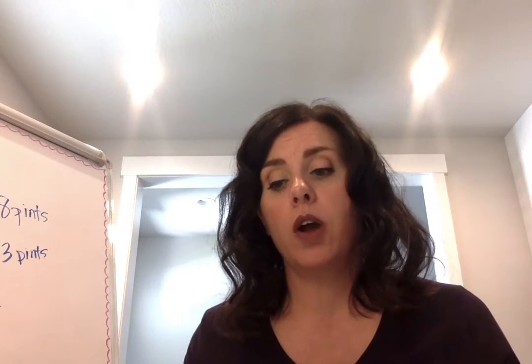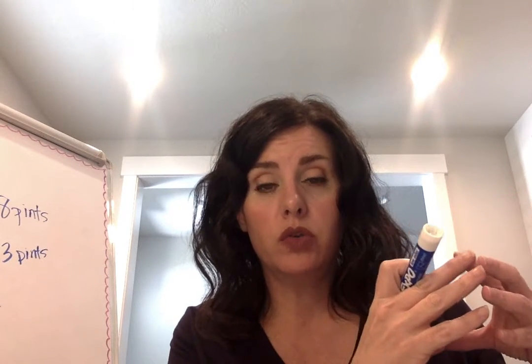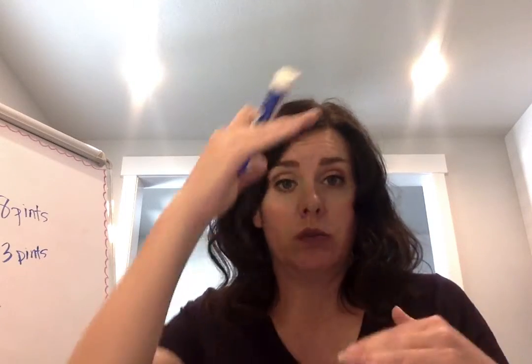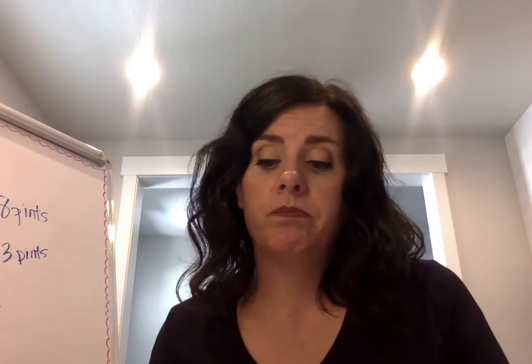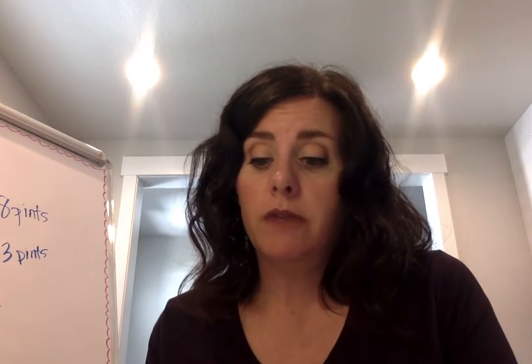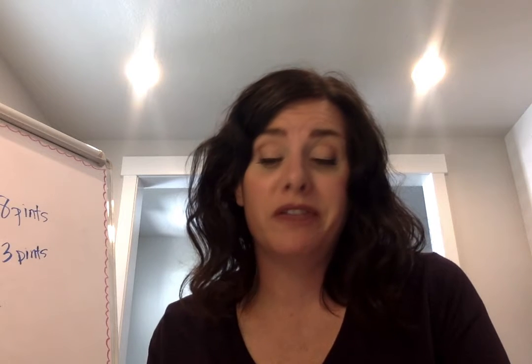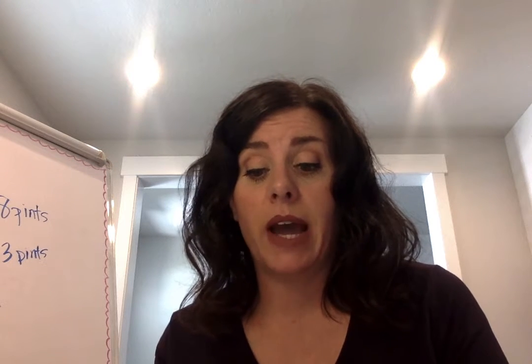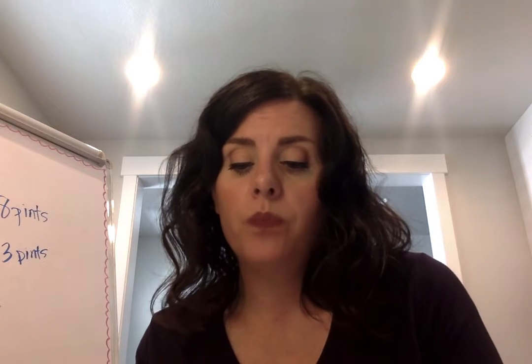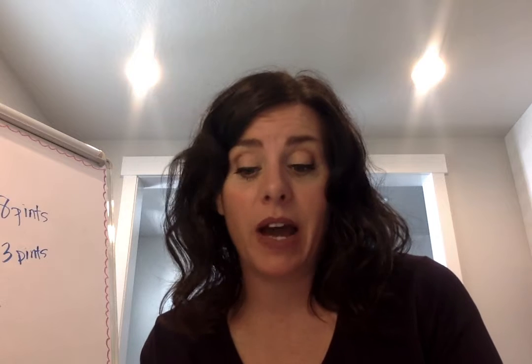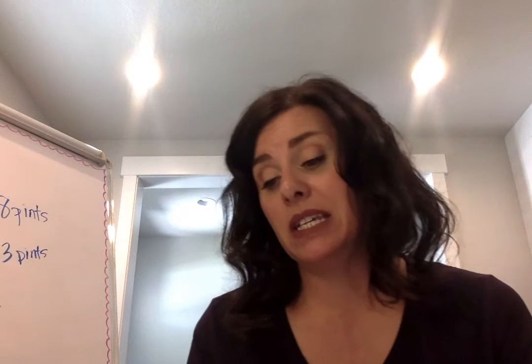So we're going from a smaller unit, pints, to a gallon, and so our number is going to get smaller. Gallons are bigger, okay? We would need fewer of the larger units, so we would divide. We would divide by 8, right? Because there are 8 pints in 1 gallon. So if I had 104 pints, I divide by 8, I would get 13 gallons.